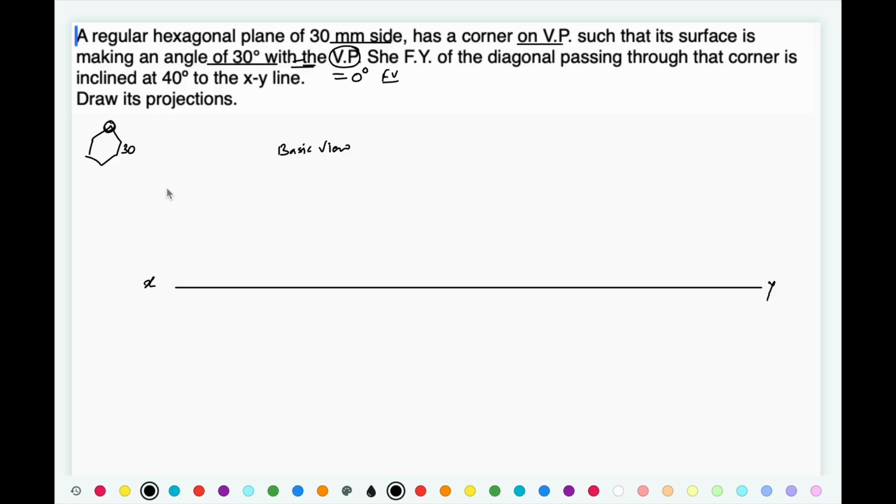So in front view, it is going to be step number 1. Solution is going to start from the front view. This is step number 2, then step number 3, step number 4, step number 5, and finally step number 6.